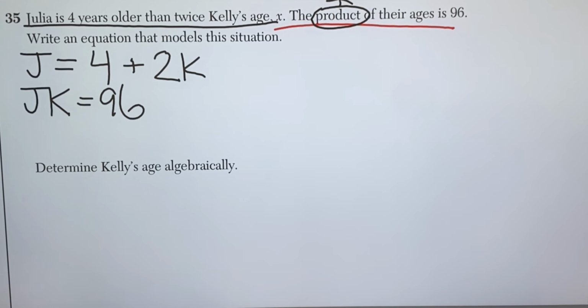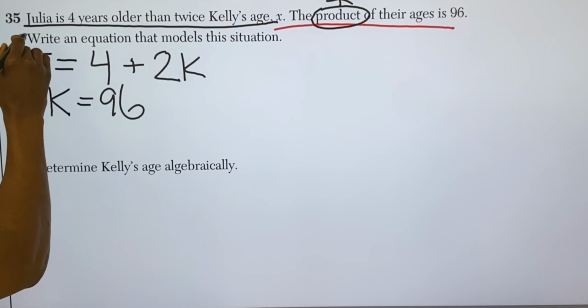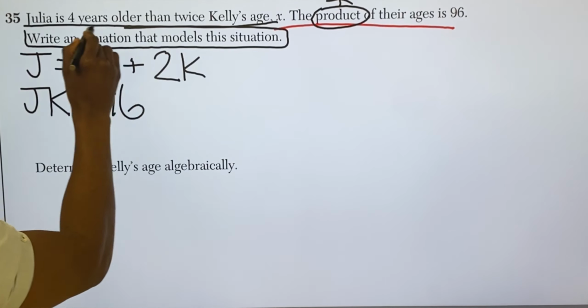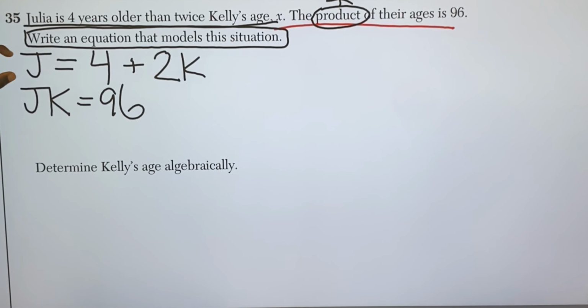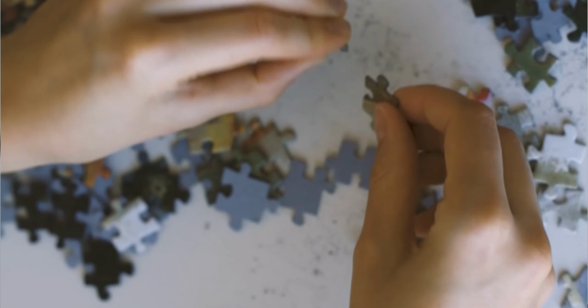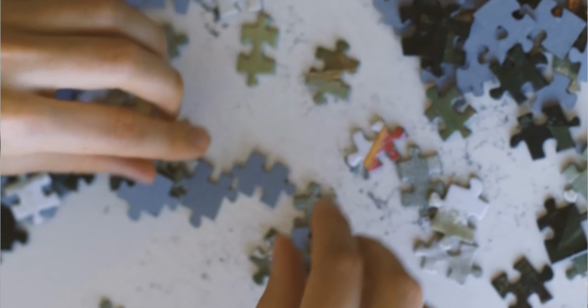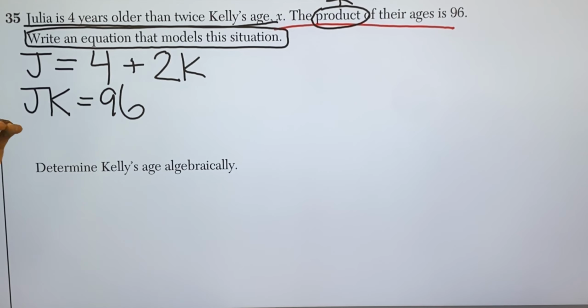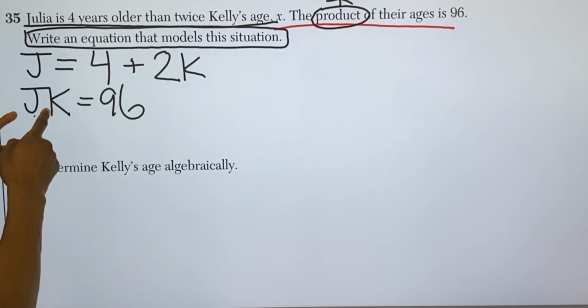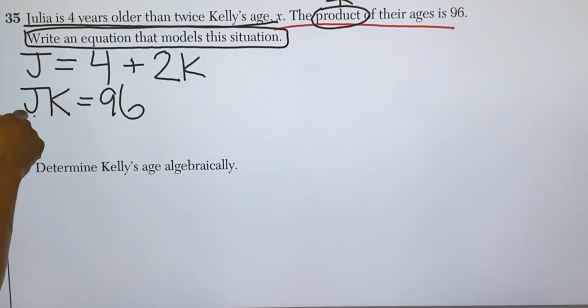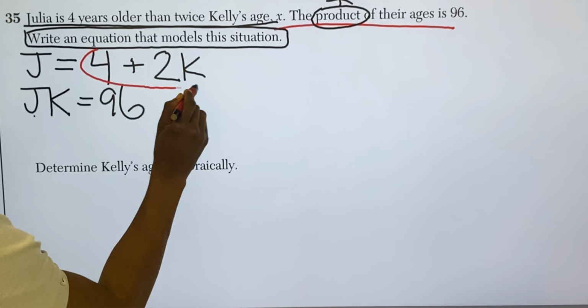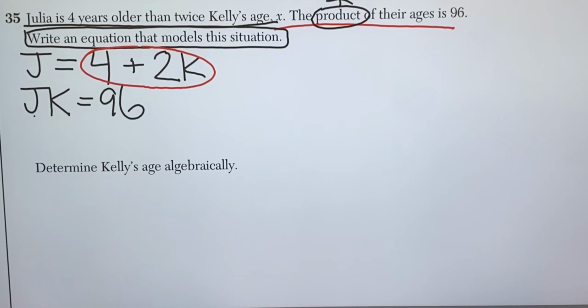Then it says, write an equation that models this situation. So they want us to take these two equations and put them together. Does that make sense so far? They want us to have one equation that has all this information in it. We're going to take this JK and put the value of J in for the letter. If you look up here, J equals what? I'm going to take this 4 plus 2K and substitute it for the J that's here.